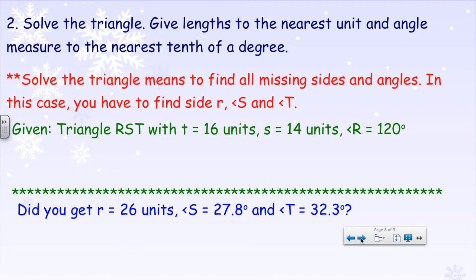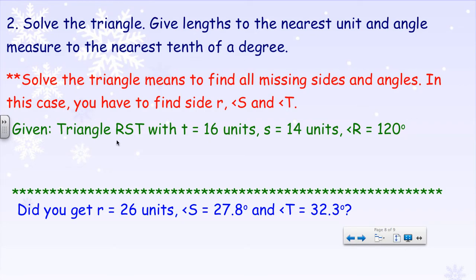And then for number 2, when you see solve the triangle, and in your textbooks it will say solve the triangle. Solve the triangle just means you are to find all missing sides and angles. So in here you're given lengths. They want you to give length to the nearest unit and angle measures to the nearest tenth.